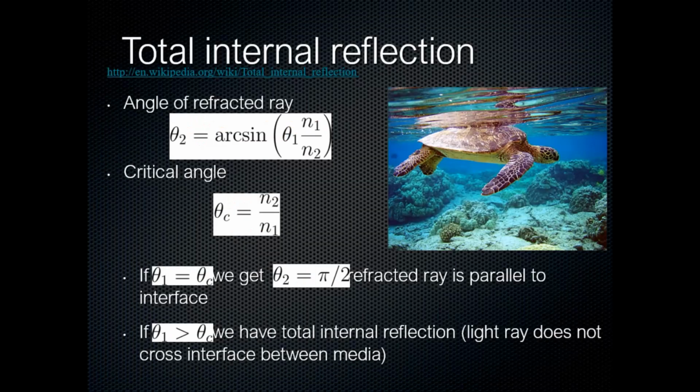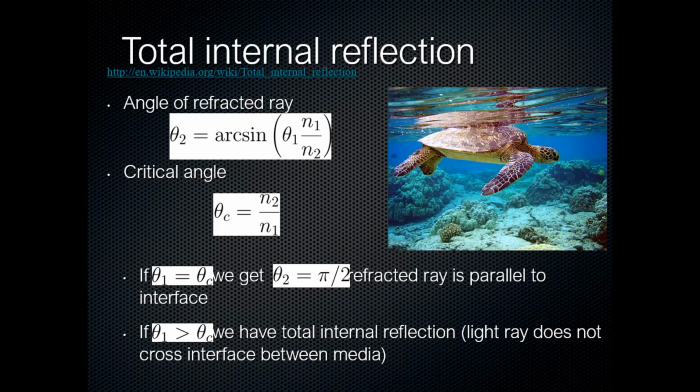So total internal reflection is when the light does not go through the surface, but bends back in and reflects back into the medium. This is the case of a turtle in the water, and the turtle is being reflected like a mirror into the water. The light is being trapped in the water and not going through the surface at this particular angle.